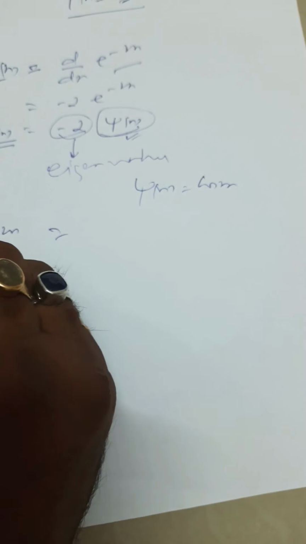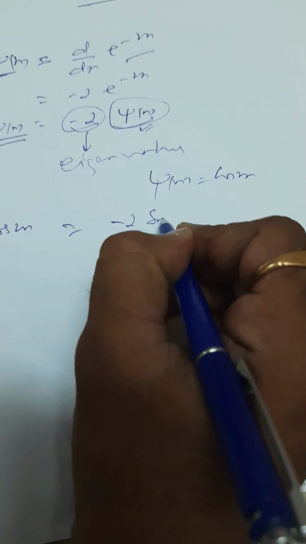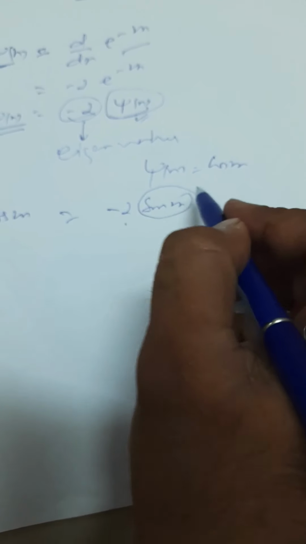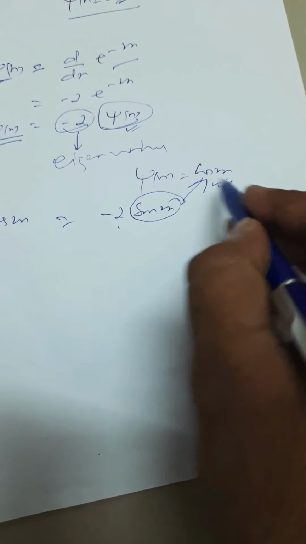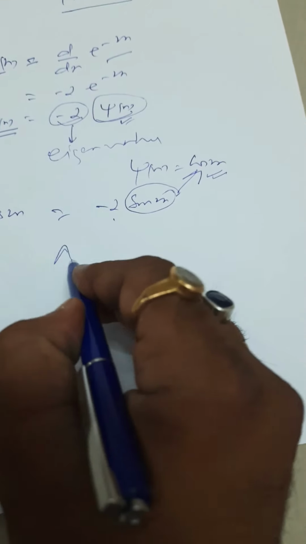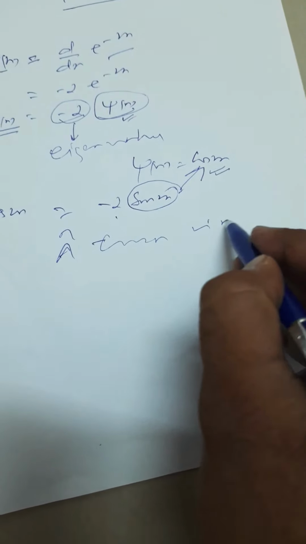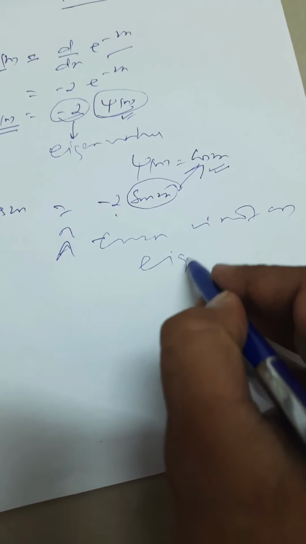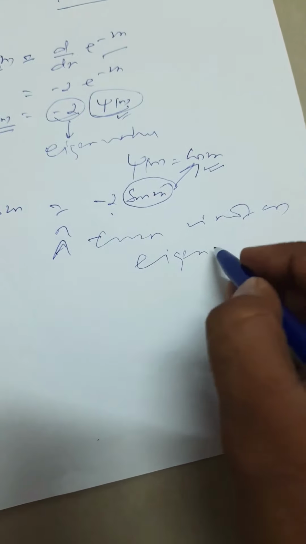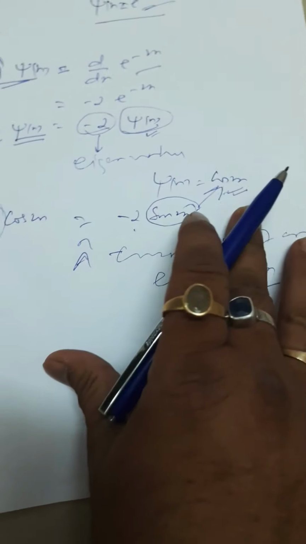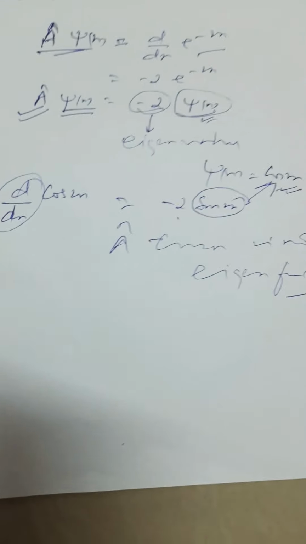We write d by dx of cos 2x, and we get minus 2 sin 2x, where this sin 2x is not equal to cos 2x. So here we can say that cos 2x cannot be an eigenfunction of d by dx, that is, for operator A cap, cos 2x is not an eigenfunction. It may be an eigenfunction for d square by dx square, but in this particular case it is not an eigenfunction. So that is how you have to move ahead.